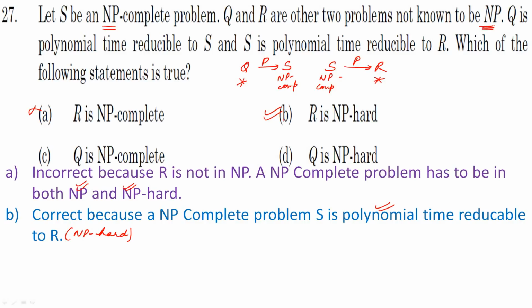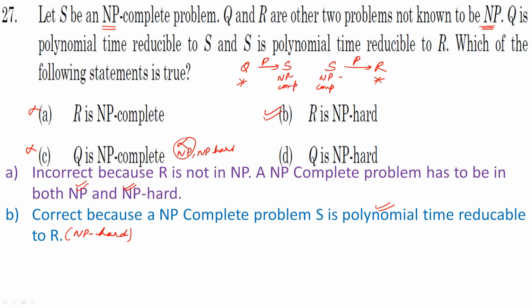Let's check the others also. Q is NP complete? No, Q is not NP complete, because to be NP complete, it has to be NP and NP hard. Q is not NP, as mentioned in the question. Whether Q is NP hard or not, let's see.